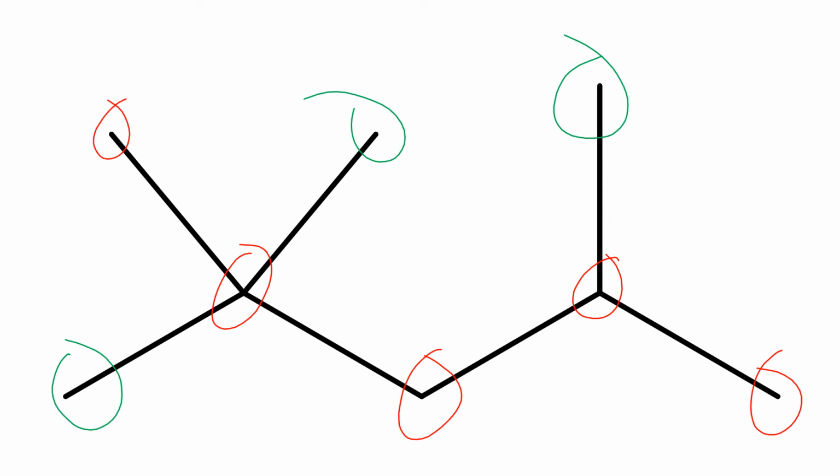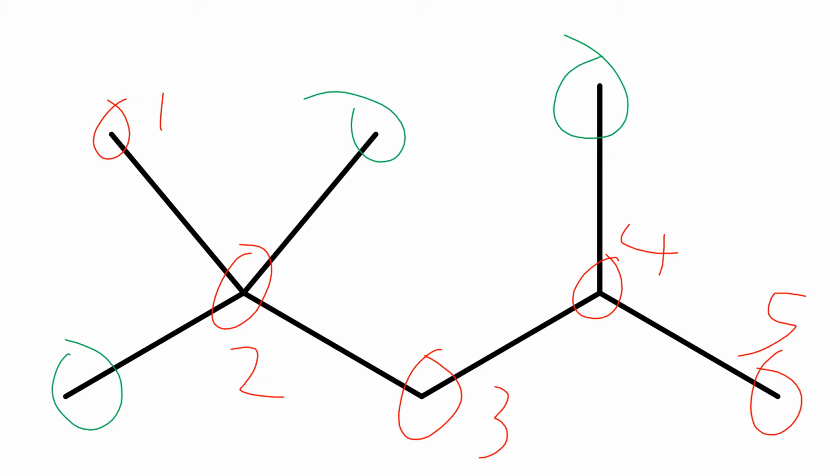When you number a molecule, you want to start counting from one end or the other and just number your carbons. So we can do 1, 2, 3, 4, 5, or just as accurately, we could do 1, 2, 3, 4, 5. The thing with numbering is you want your numbers to be as low as possible for all of your side chains.